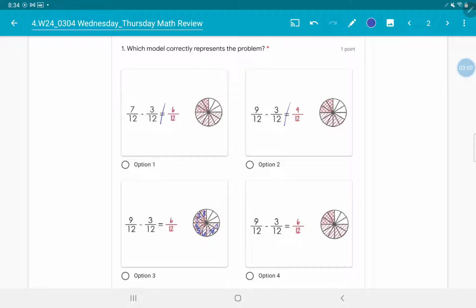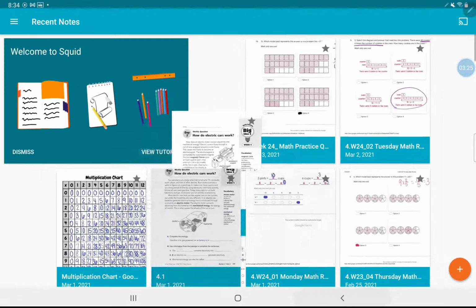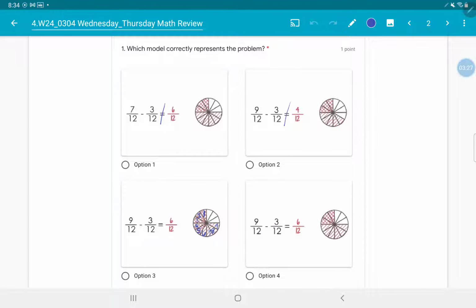That's correct, isn't it? But they crossed out 1, 2, 3, 4, 5 twelfths. So is the model a correct representation of the problem? No. That would be 4/12. Yeah, they didn't cross out the same amount that they showed in the equation.